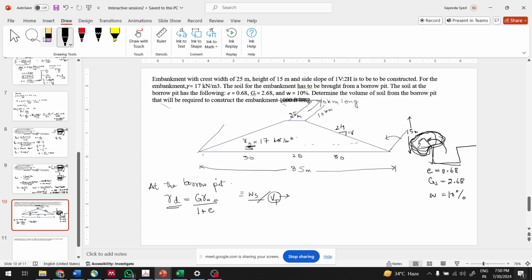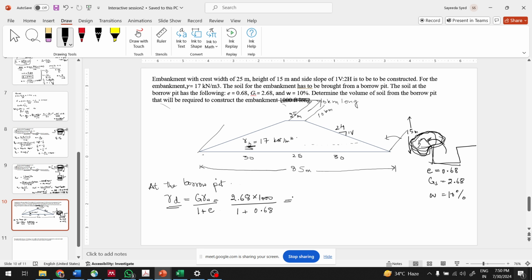Okay, so this is 2.68 into 1000 over 1 plus 0.68.